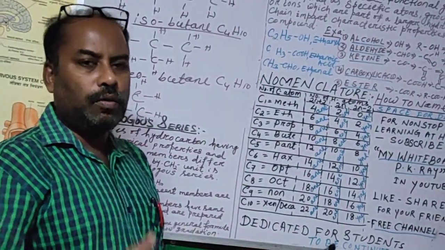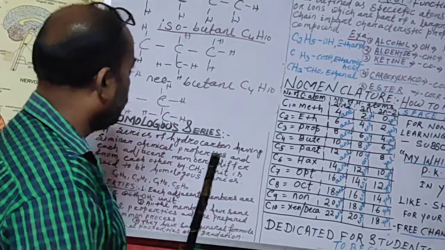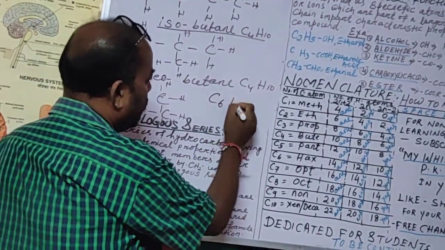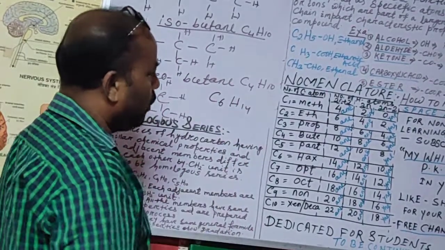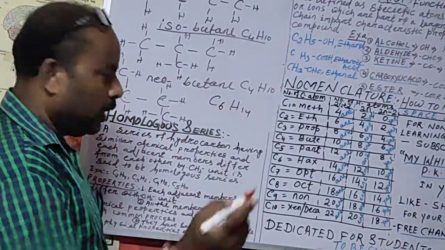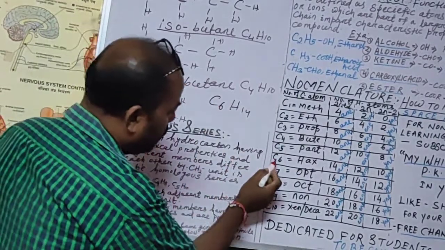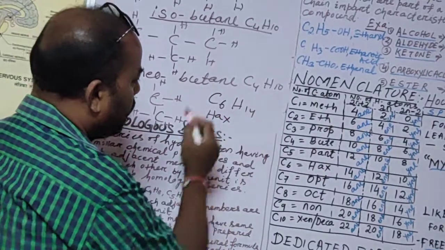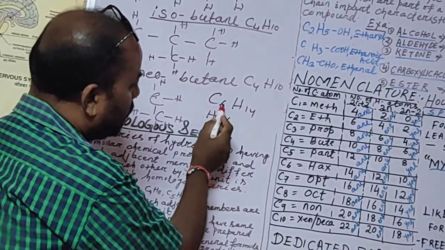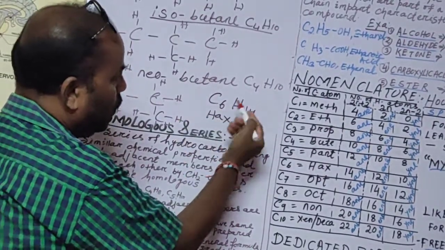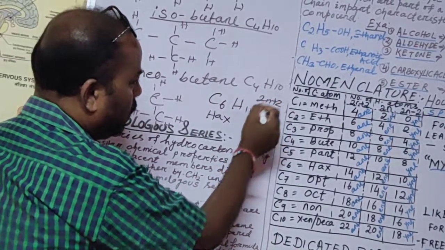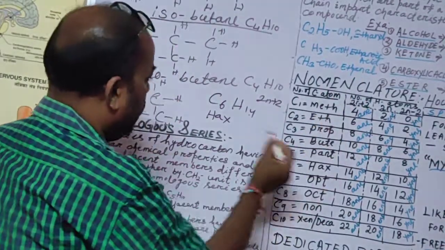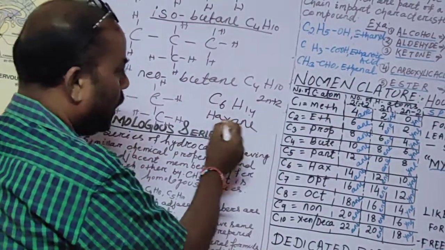Suppose I say C6H14, what will be the name of this? C6 means hex, so I write hex here. Then H14: 6 doubled is 12 plus 2, so it is the 2n plus 2 formula, 14. The 2n plus 2 formula means we end with ANE, so hexane.